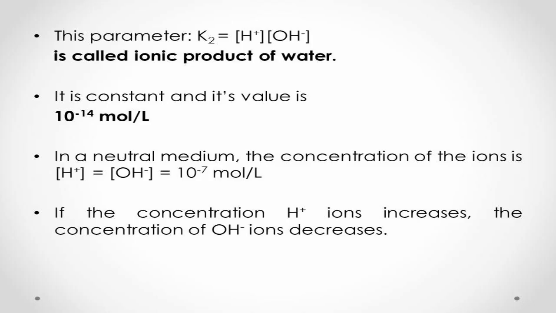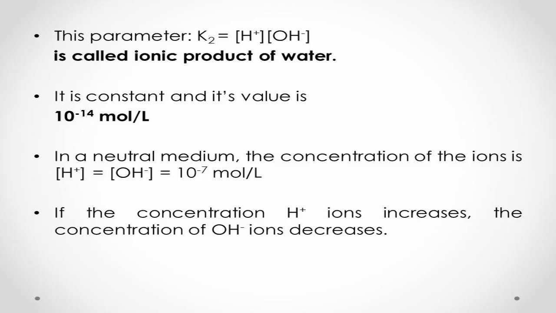We know that when multiplying numbers with the same base, the exponents are added. 10 to the minus 7th times 10 to the minus 7th equals 10 to the minus 7th plus minus 7th, and it equals 10 to the minus 14th. Therefore, when we multiply 10 to the minus 7th mole per liter by 10 to the minus 7th mole per liter, we get 10 to the minus 14th.